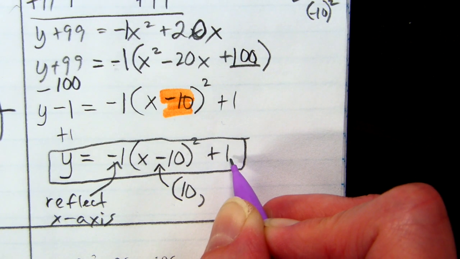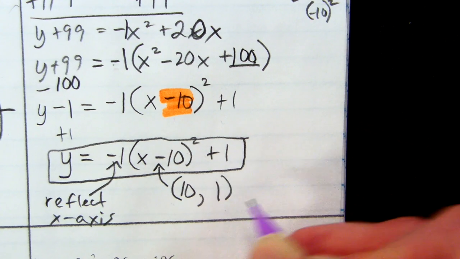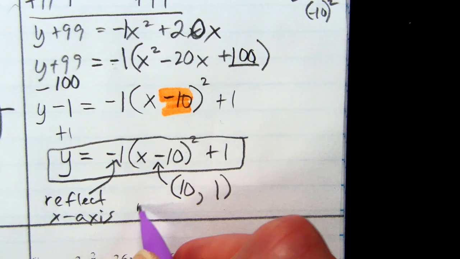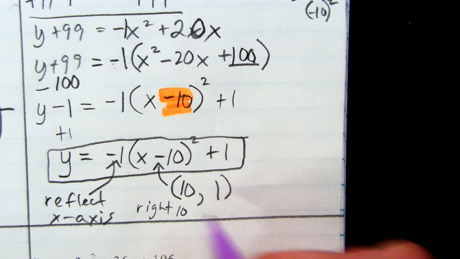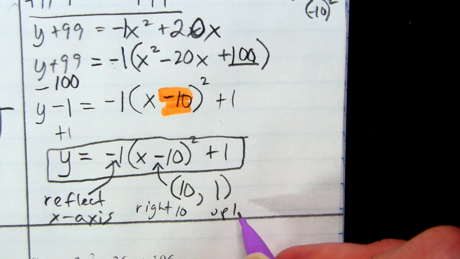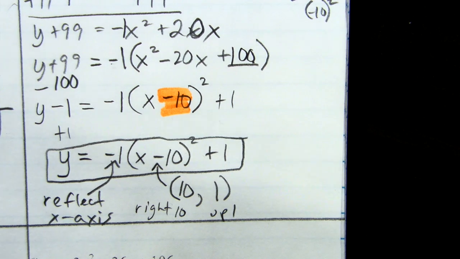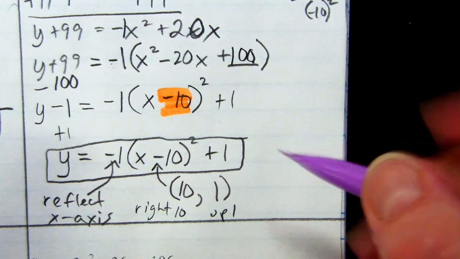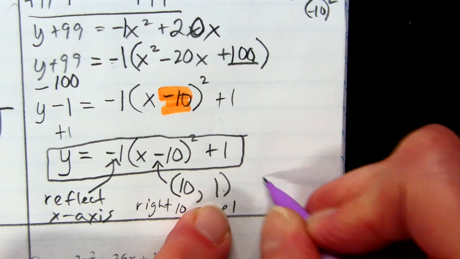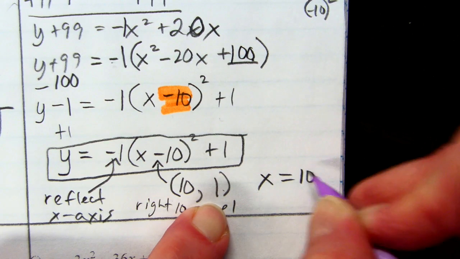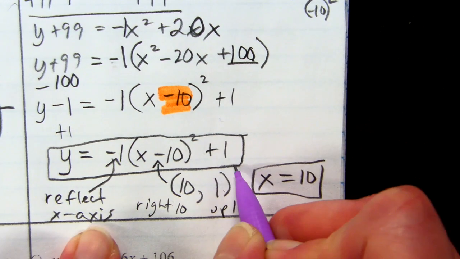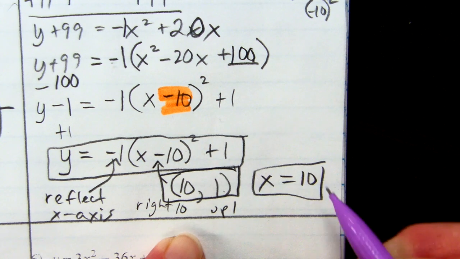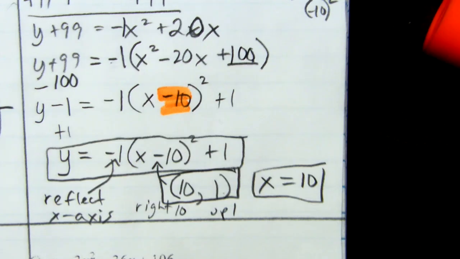And we're not going to do the opposite sign of the 1. It's just going to be 1. Because this moves it right 10 and up 1. So I'm trying to connect this to some of that other parabola stuff we've done. And that's my vertex. My axis of symmetry would just be x equals 10. So I'm going to box all the things that we're asking for.